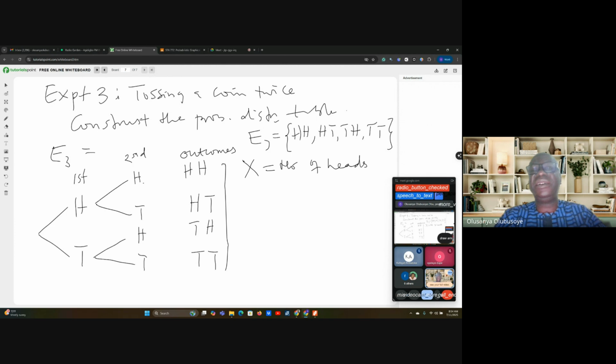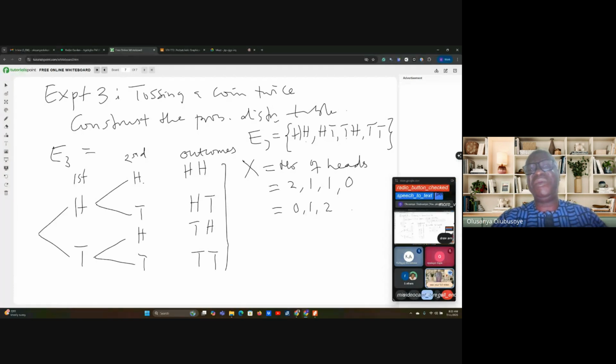So in this case, if we define it as the number of heads, then the number of heads for head, head will be 2, for head, tail will be 1, for tail, head will be 1, and for tail, tail will be 0, which means that random variable x will either be 0, or 1, or 2. That's the random variable.